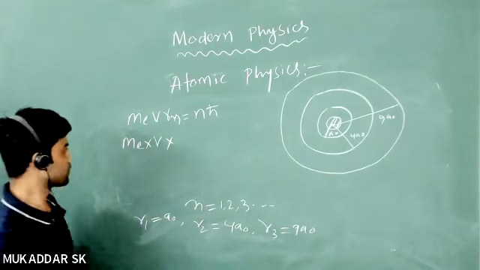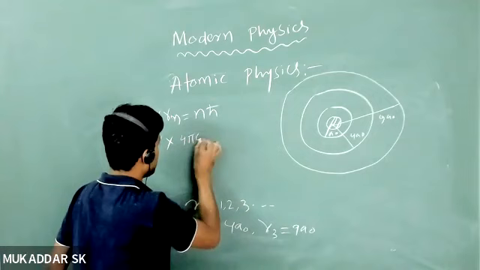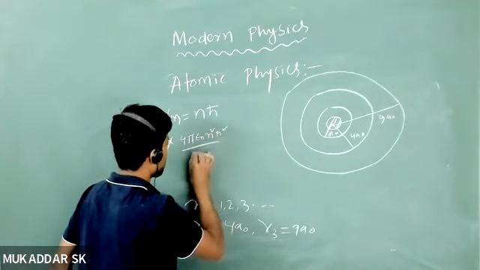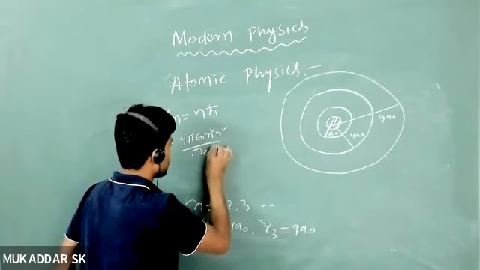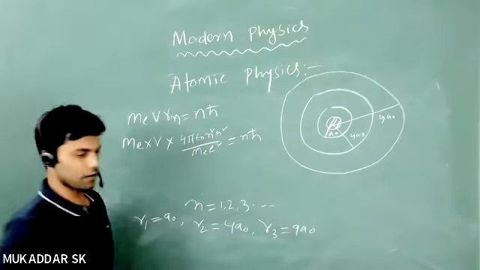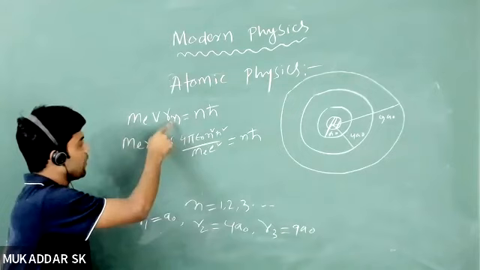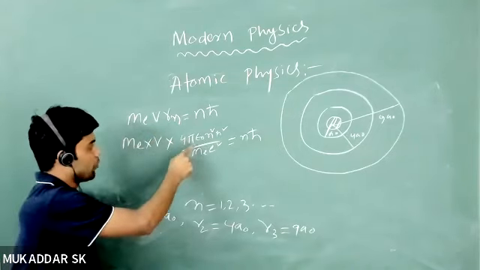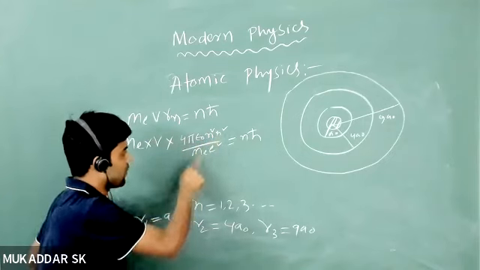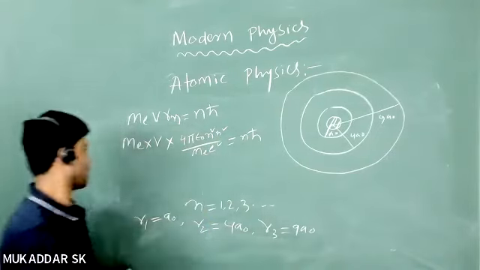Rn is 4 pi epsilon naught n square h cut square divided by m_e e square, and that should be equal to n h cut. Did everybody understand what I have done? I have just substituted the expression for Rn that we calculated.